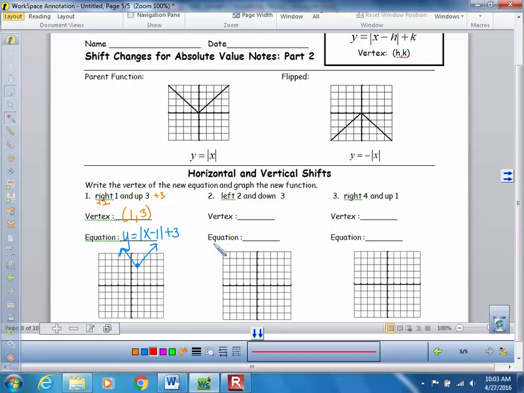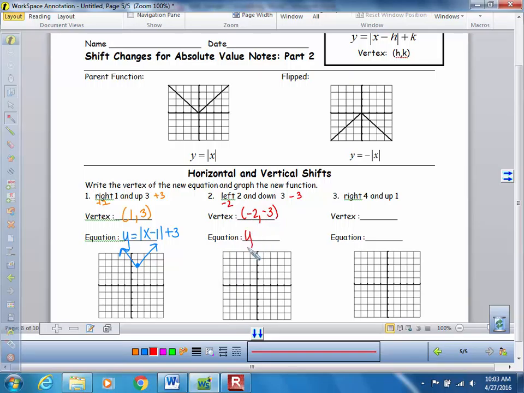Okay, let's look at another one of those. So in number 2, it tells me I'm going to go left 2 and down 3. So left 2 would be a negative 2. Down 3 would be a negative 3. So my vertex is negative 2, negative 3. Then when I write my equation, I'm plugging negative 2 in for h, negative 3 in for k.